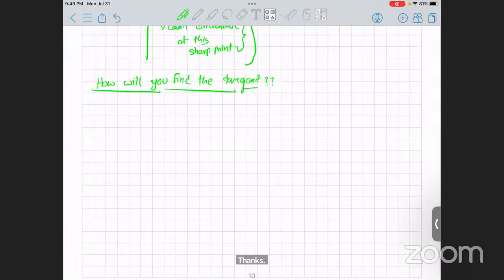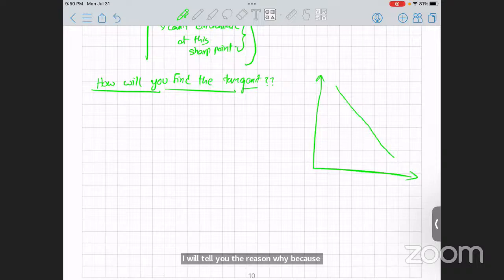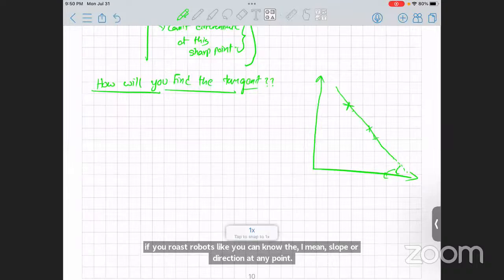Generally, we won't use the word tangent for a straight line. Tangents are drawn at a particular point, and a line already has a slope. If you know the slope of a line, you know the slope at any point. Suppose the slope is 1/2.